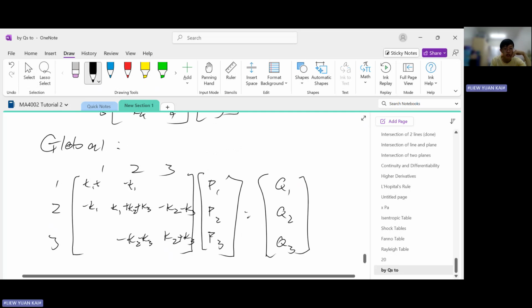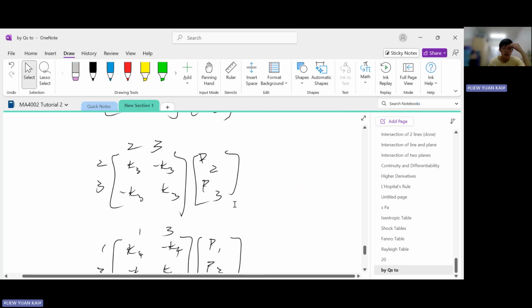So plus K4. Row 1, then this K4, then this K4, and this is minus, minus, and this plus K4. Okay, let me check if my answer is correct. Yeah, that should be correct.